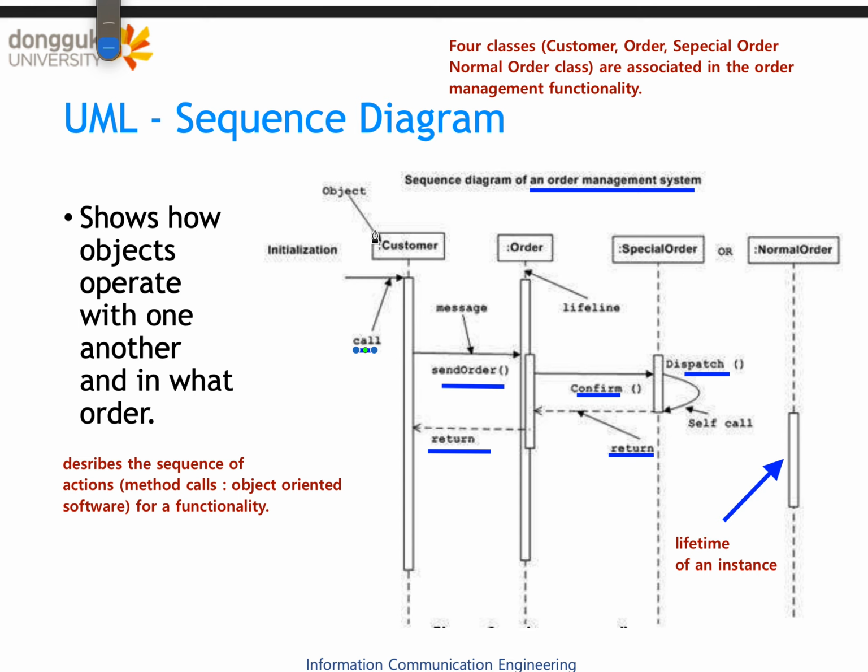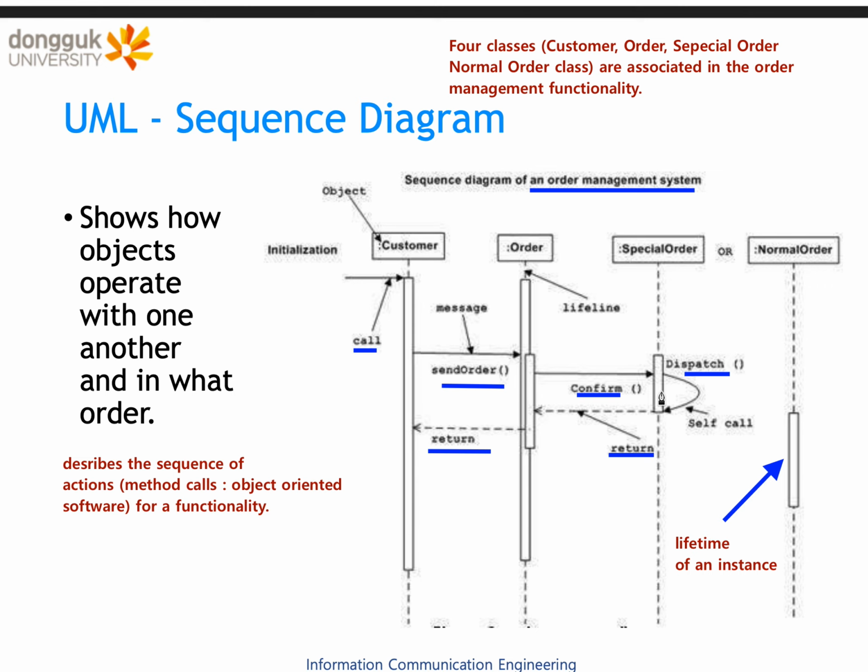When this call is invoked from the customer side, the order instance should be activated together. And the special order instance will be invoked right before the order instance invokes the confirm method, only when this is invoked. So this is a lifetime.